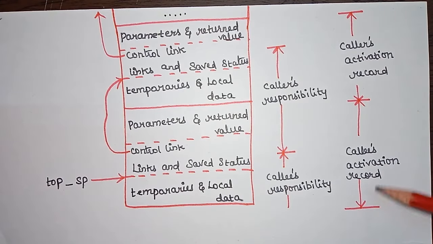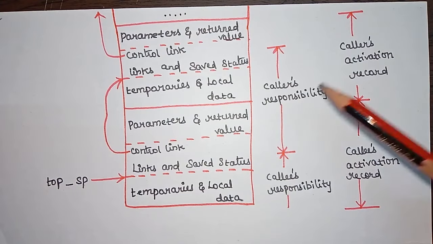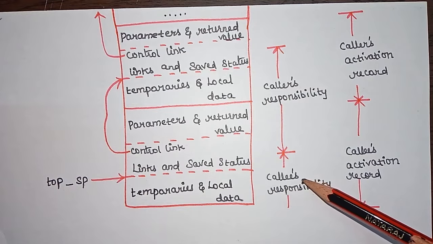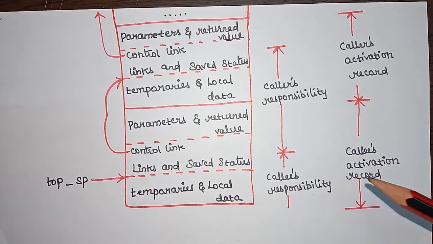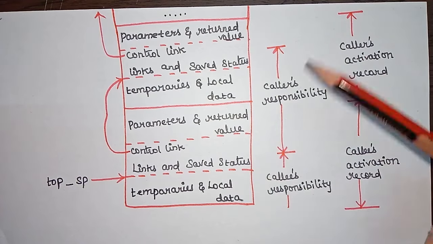So this picture shows the division of tasks happening between caller and callee. So here caller is the calling procedure, and callee is nothing but the called procedure. These are all the tasks that happen between the caller and the callee.